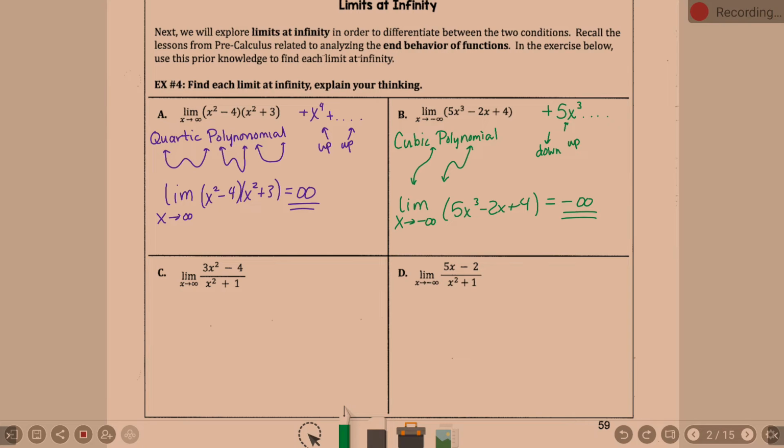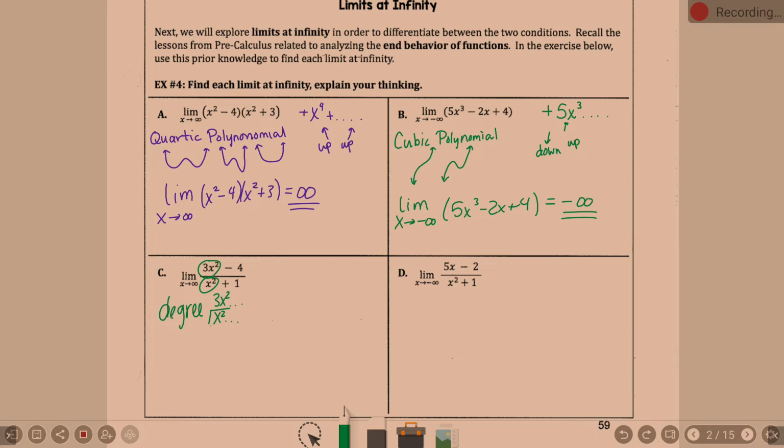When you have a rational expression, you have to look at the biggest powers. My biggest powers are the same. When the biggest powers are the same, or when we think about the degree here, it's 3x squared over x squared. I don't care about the rest of this. I care about that 3x squared over x squared. And then you compare coefficients.